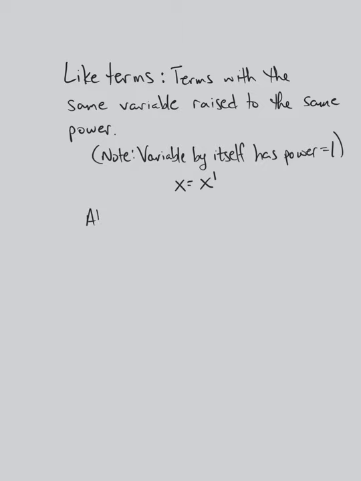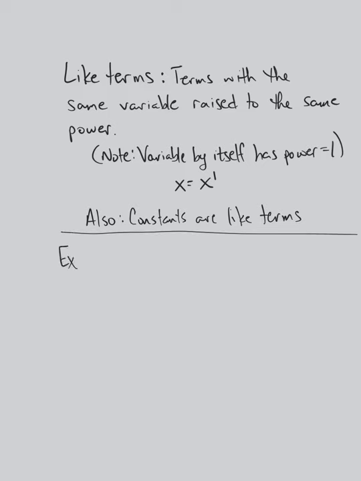Also, just as a general note, whenever there's more than one constant, constants are like terms with each other. Now this might seem a little cryptic without looking at an example. So let's look at an example of what I'm trying to talk about. And I'm going to put an expression that has two variables in it.